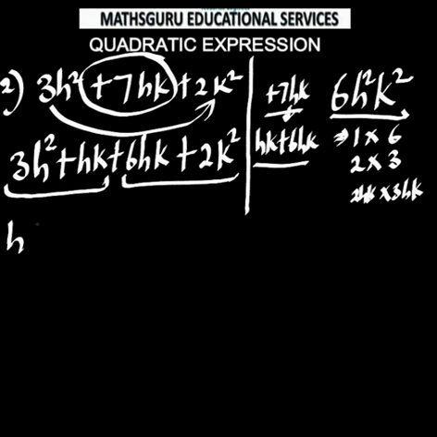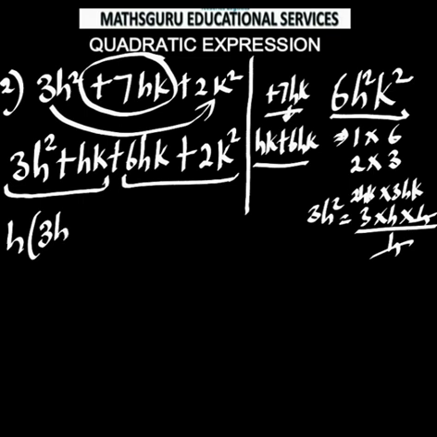So we're going to be left with 3h squared divided by h. 3h squared means 3 times h times h over h. So only one h is going to go off, and we are going to have 3h left.